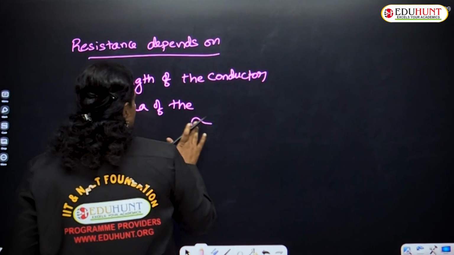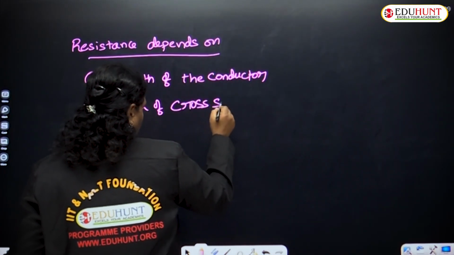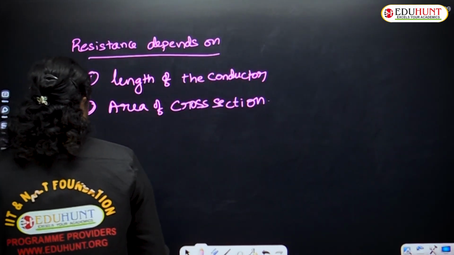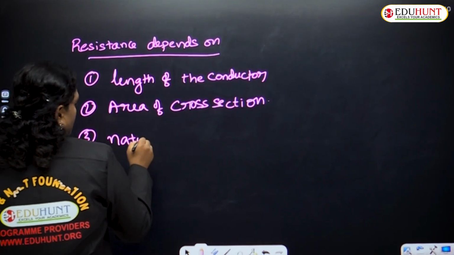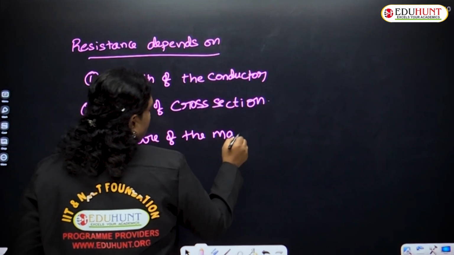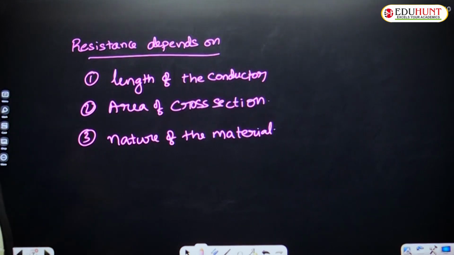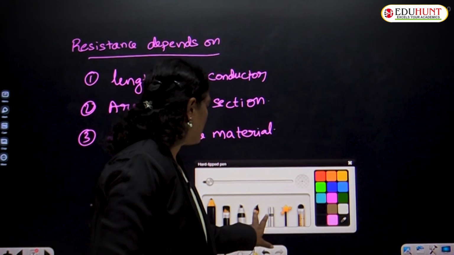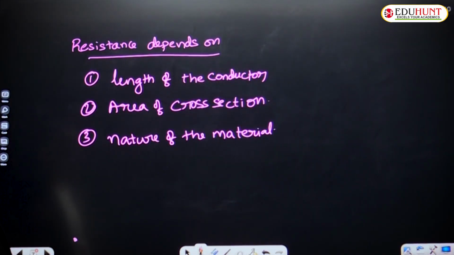Area of cross section. And the nature of the material we use. So, resistance depends on 3 factors: length of the conductor, area of cross section of the conductor, and nature of the material you will be using.